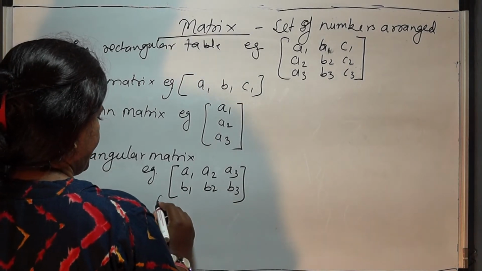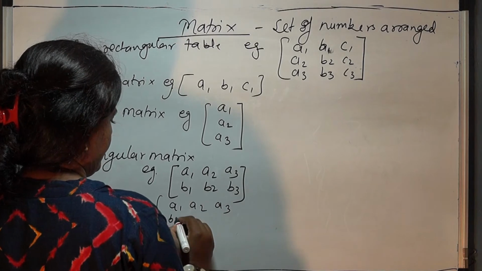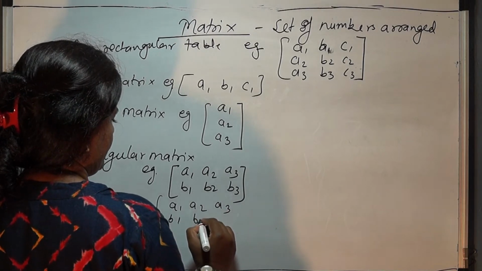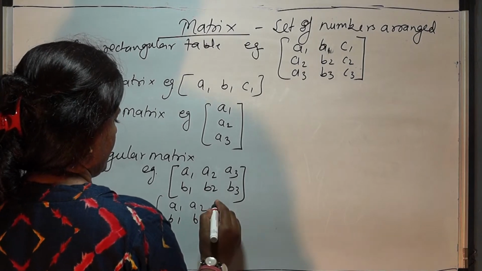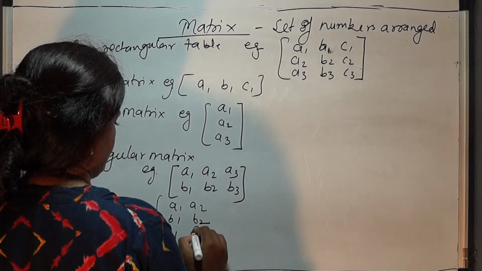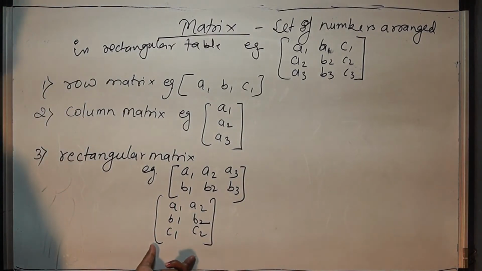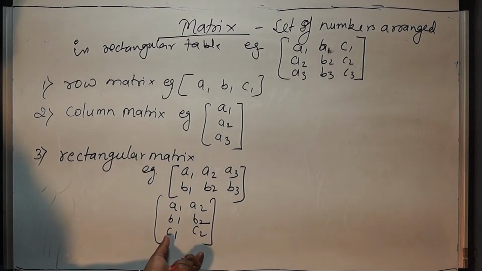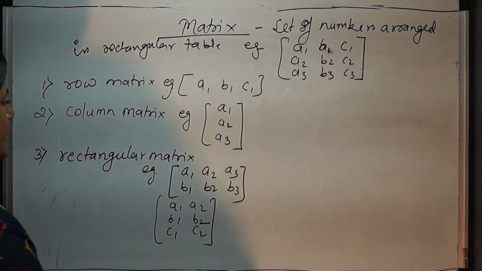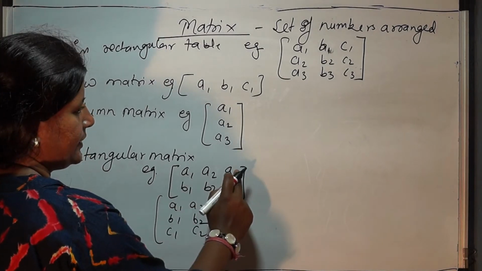Or you can say A1, A2, A3, B1, B2, C1, C2. This is also a rectangular matrix. Why? Because here also the number of rows and number of columns are not equal. You can observe there are two rows and three columns.